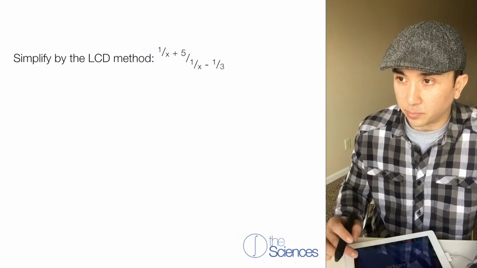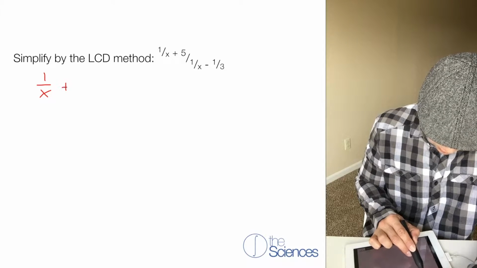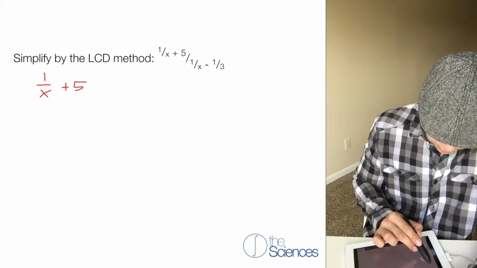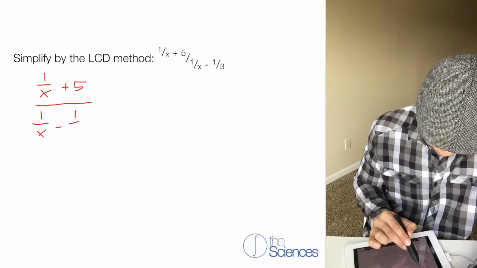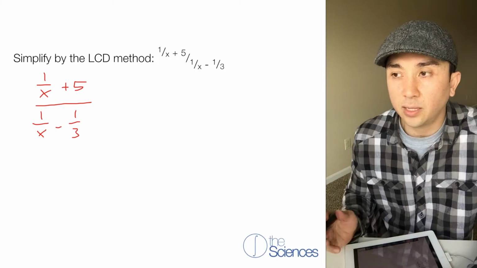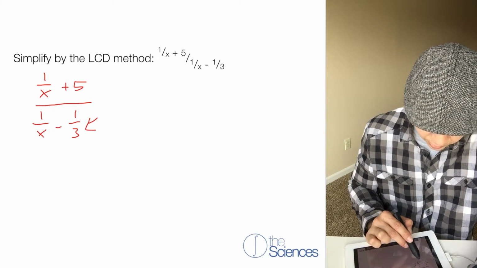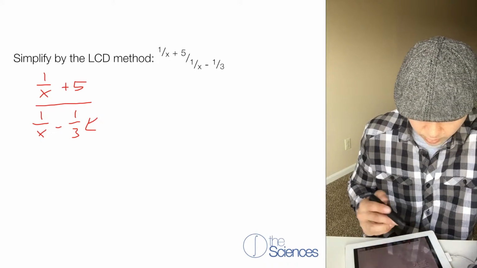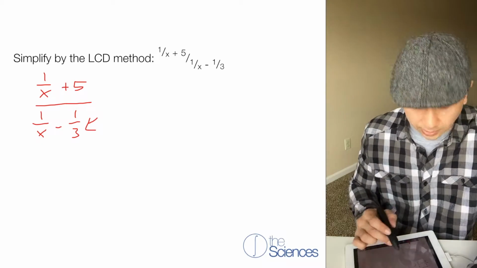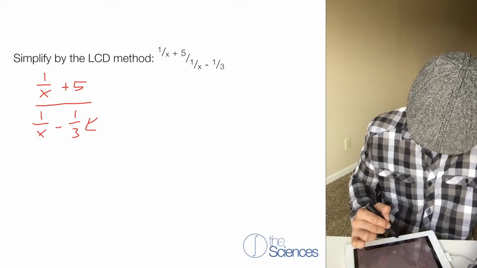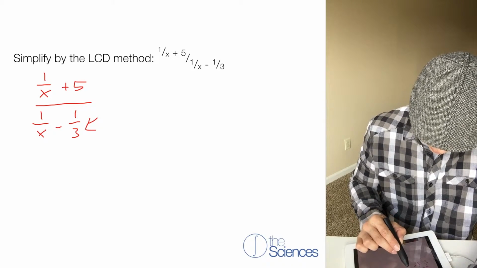Let's do an example. Again, let's take 1 over x plus 5 divided by 1 over x minus 1 over 3. To find the least common denominator, we find the least common denominator of our denominators.